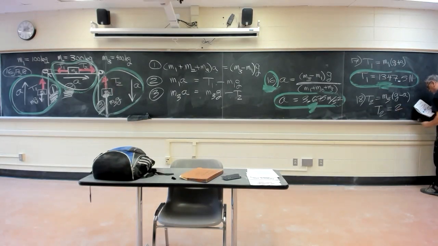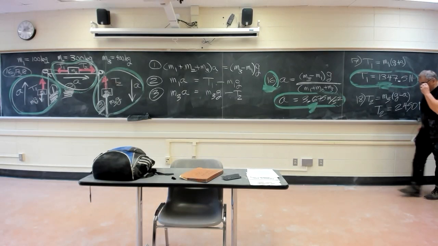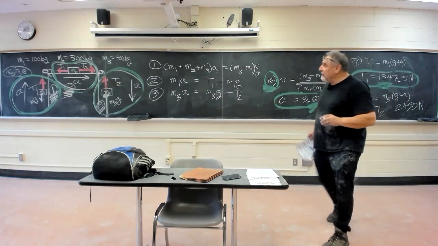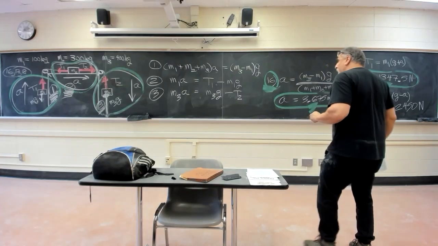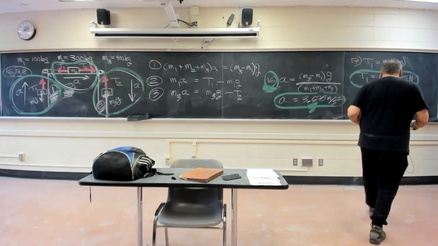We figured it was going to be the more massive weight. If we're going to make the thing go clockwise, is it clockwise or counterclockwise? Actually, in this situation, I guess it would be clockwise, wouldn't it? If it's going to go clockwise like this, the T2 is going to be bigger.